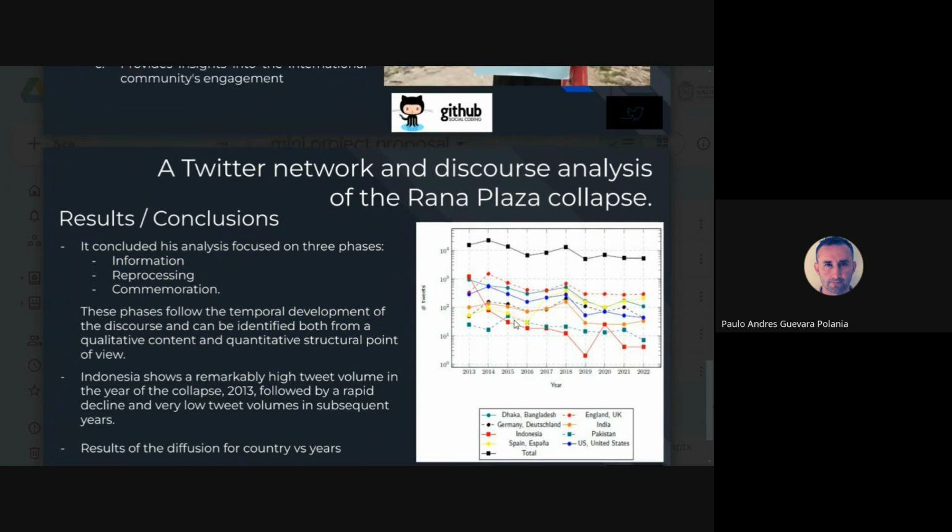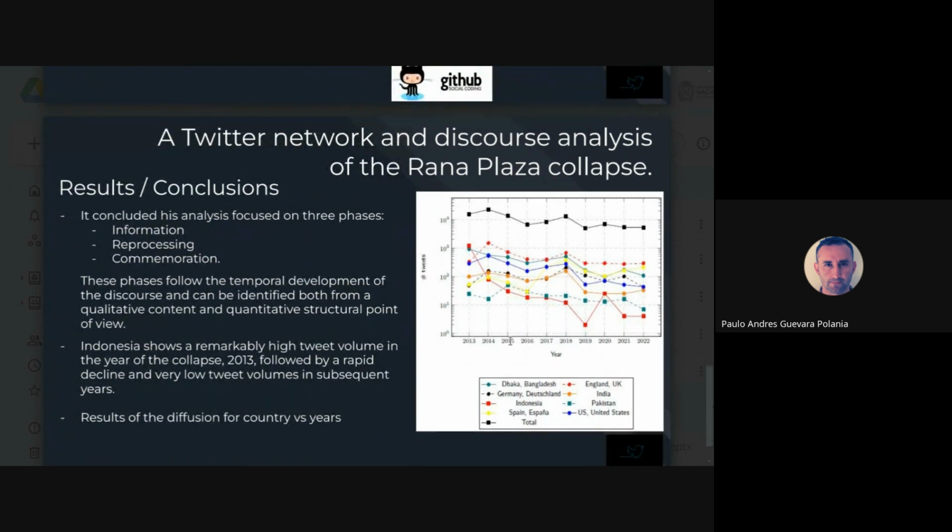For example, in the year 2013, three main codes were detected. What do we mean by the term code? Codes are topics that were important in that year. For example, in 2013, people commented about the number of deaths, news, and the standard of safety.